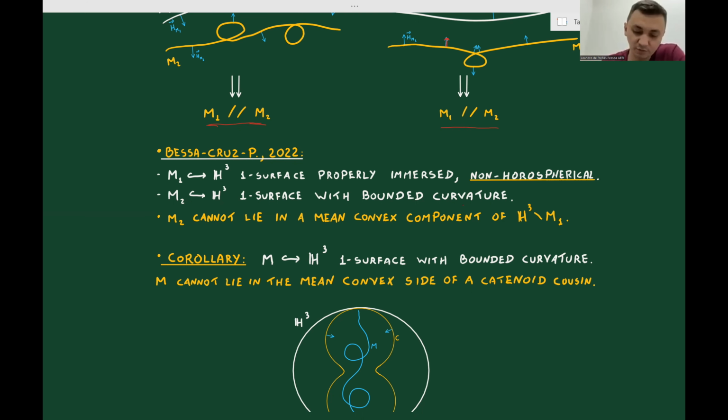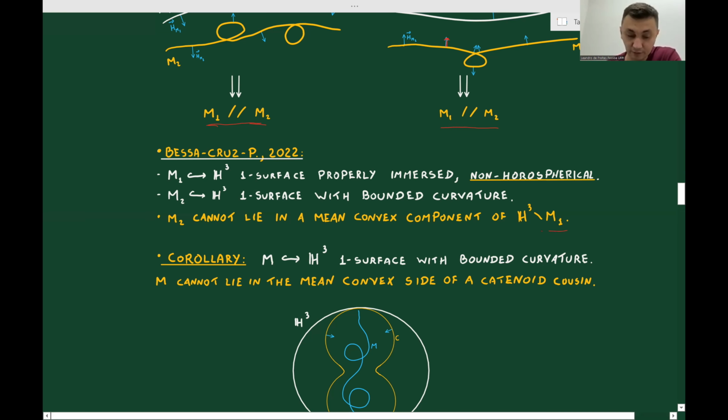So when M1 is a properly immersed one surface, it will split the hyperbolic space into maybe several connected components. And what we can say is M2 cannot lie inside any mean convex component of the complement of M1 in the hyperbolic space.